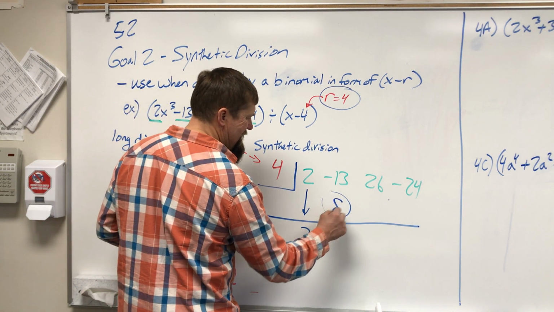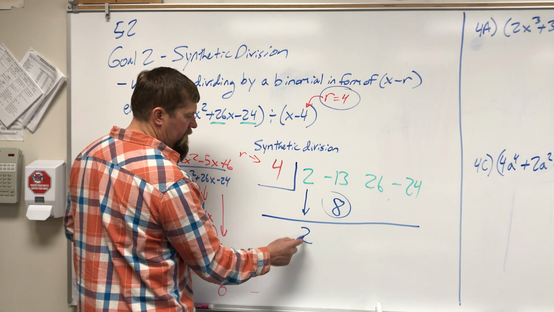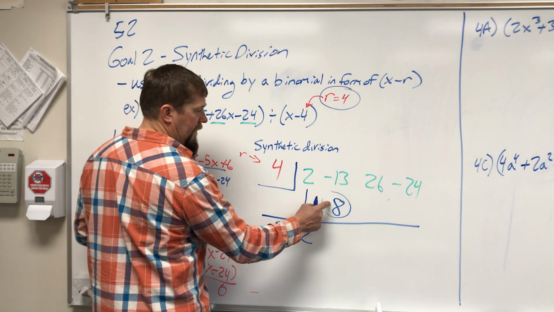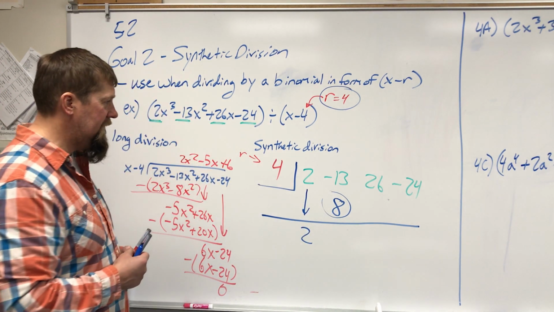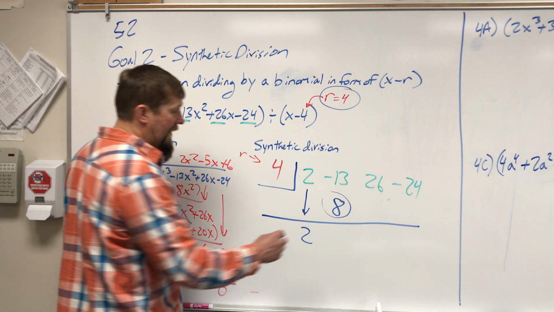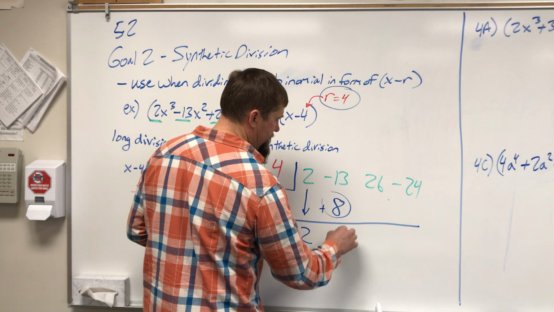So this is 8. Again, I take the number down here, 2, and I multiply it by 4, and I put it below the negative 13. Now, instead of subtracting like I did in long division, I'm actually adding this time. I add these, and I get negative 5.